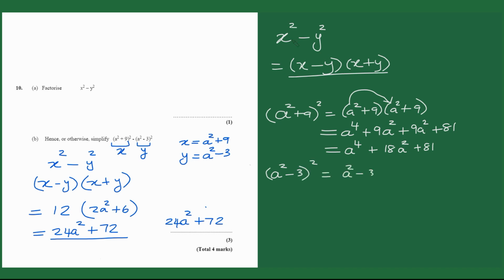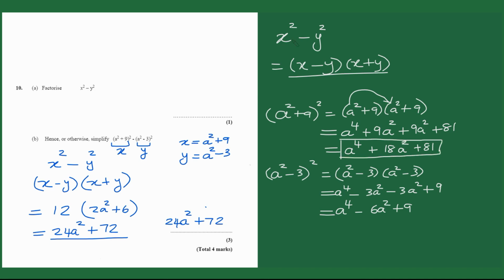So this is the first part. Then the second part is a squared minus 3 whole thing squared, which is a squared minus 3, a squared minus 3. Again expand the brackets: a to the power 4 minus 3a squared minus 3a squared plus 9, so a to the power 4 minus 6a squared plus 9.